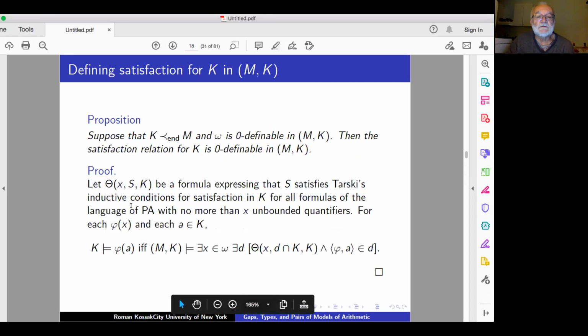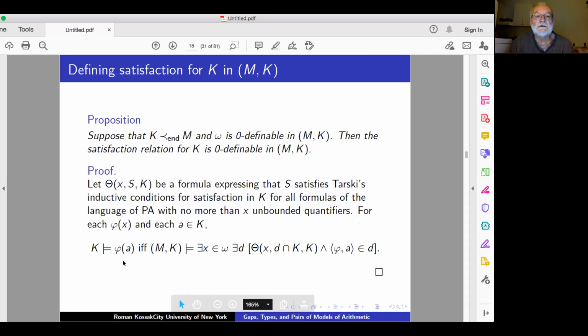By writing a formula which says that X thinks of X being an n, and you think about formulas of quantifier complexity n, and the formula will describe S as a set satisfying Tarski's conditions for all formulas of quantifier complexity X. And K stands for the cut.